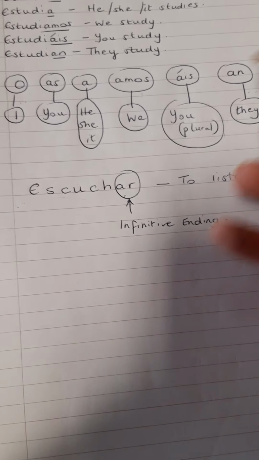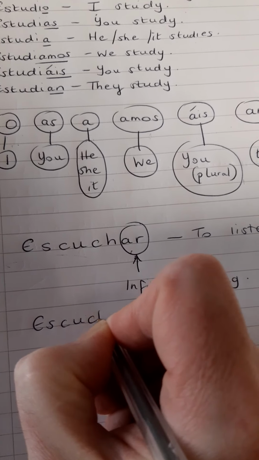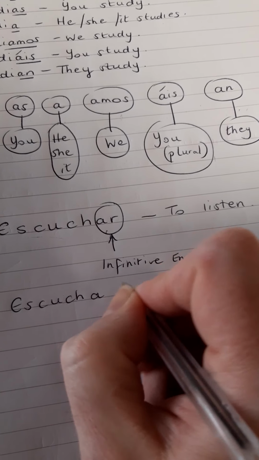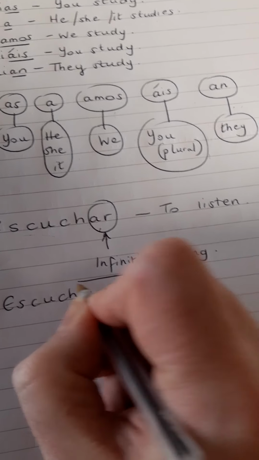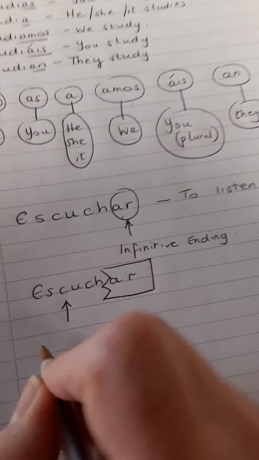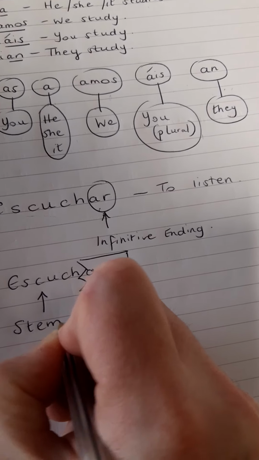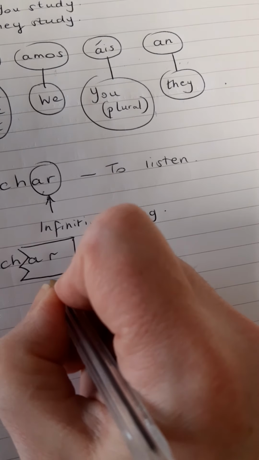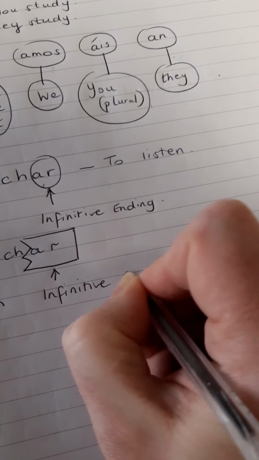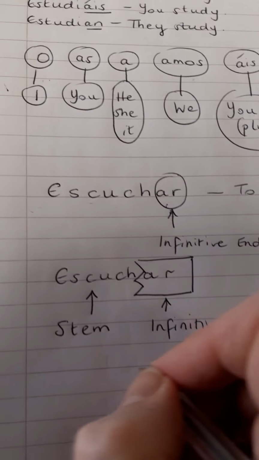What we do is we chop that off, so we end up with what is left behind, which we call the stem, and we call the chopped-off bit the infinitive ending. We replace that with the present tense endings.